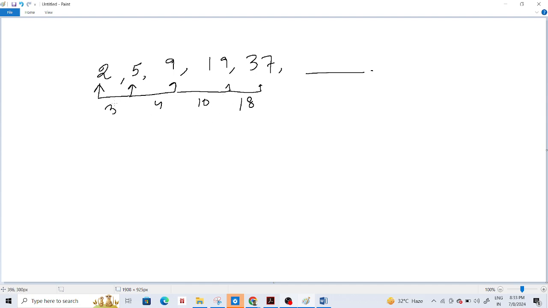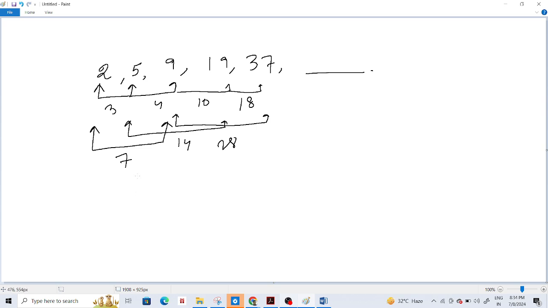Okay, this doesn't follow any pattern, but if I follow it alternatively, 7, 14, 28, right? Now you see the alternative difference is increasing as a multiple of 7.